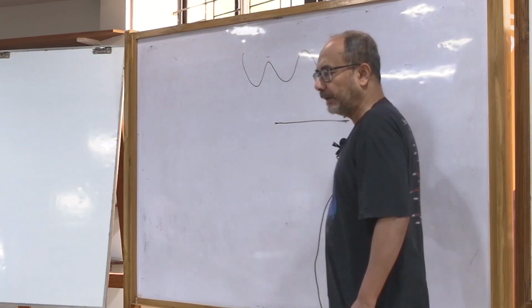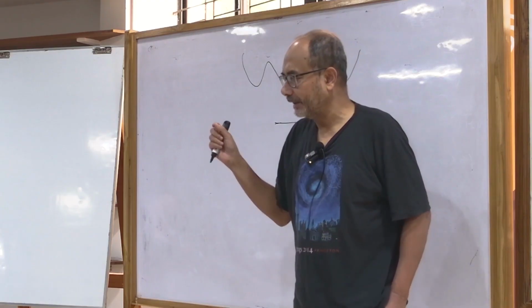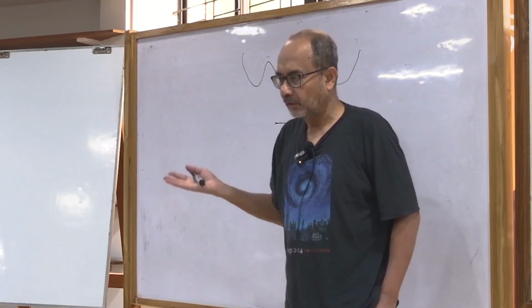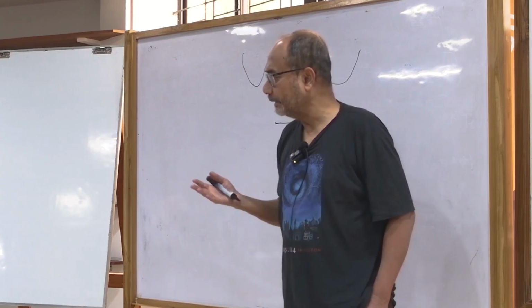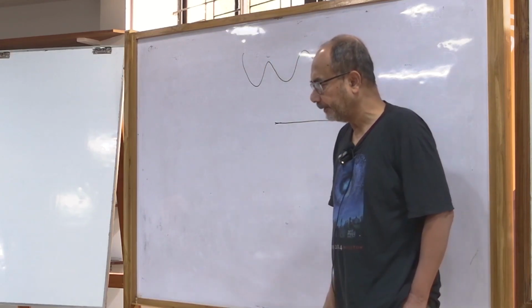Those vacuum expectation values control the various features of the theory, like coupling constant, fine structure constant, G Newton, right? All of those are determined by what vacuum expectation value you have.